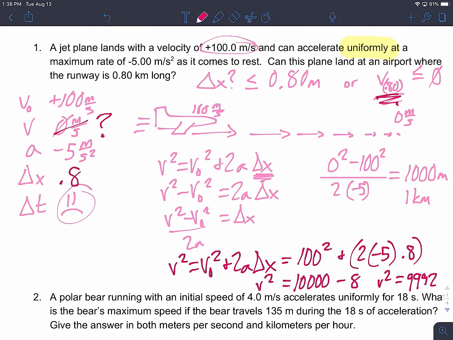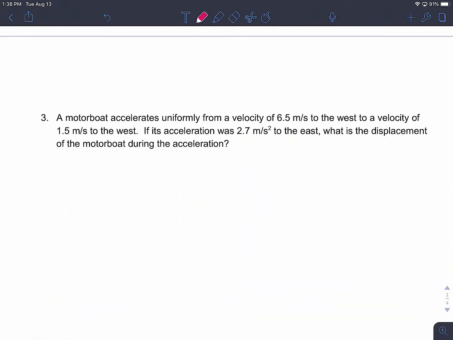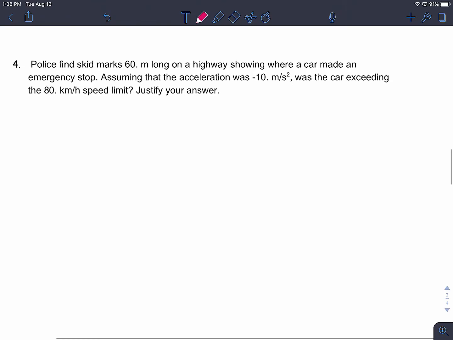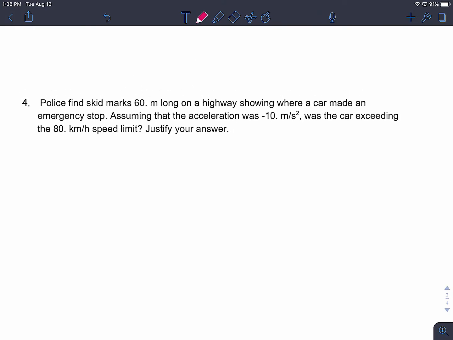And from there we see that we're going to end up just shy of 0. All right, let's take a look at this one. It says the police find skid marks 60 meters long on a highway showing where the car made an emergency stop. Assuming that the acceleration was negative 10 meters per second squared, was the car exceeding the 80 kilometers per hour speed limit?